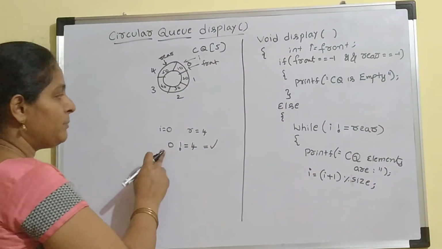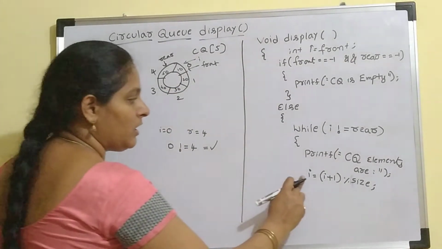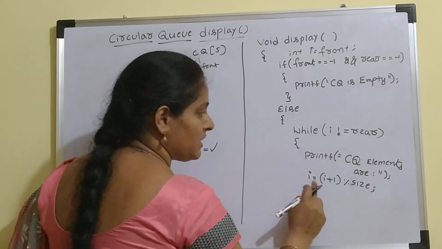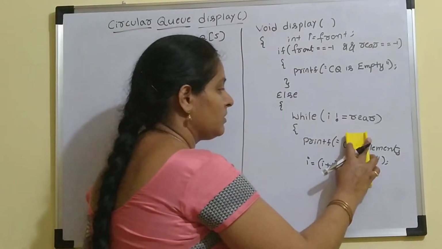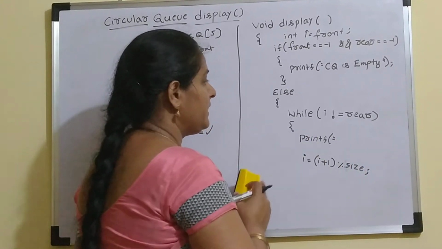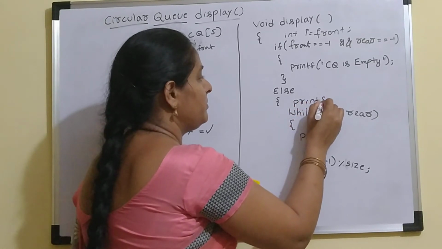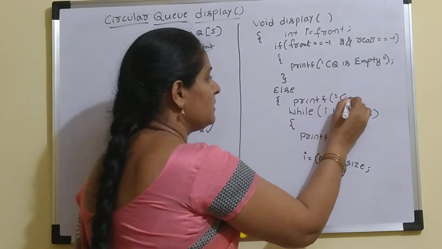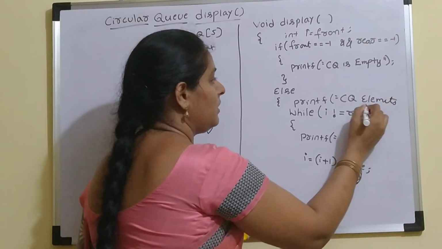So what is the i position? 0. We will write this printf statement before the while loop so that it will be printed only once: circular queue elements are.